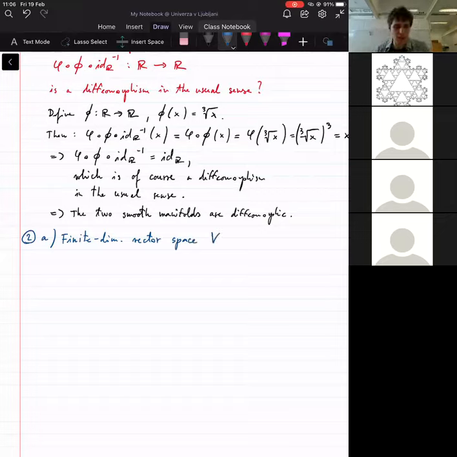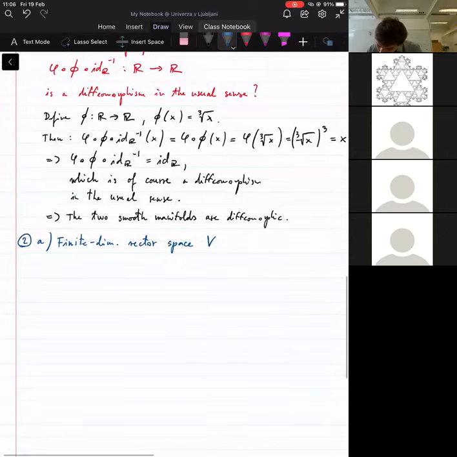Does anybody reckon how to endow it with a smooth structure? The identity mapping. Okay, but we need to. Okay, let's write over. Let's say F, which is from R or C.